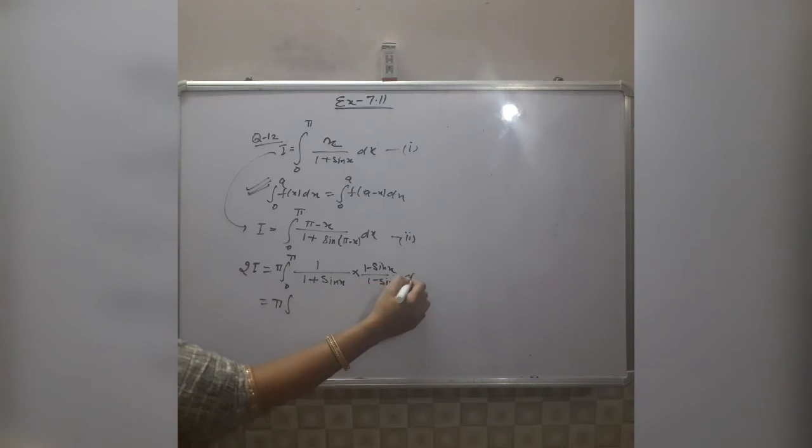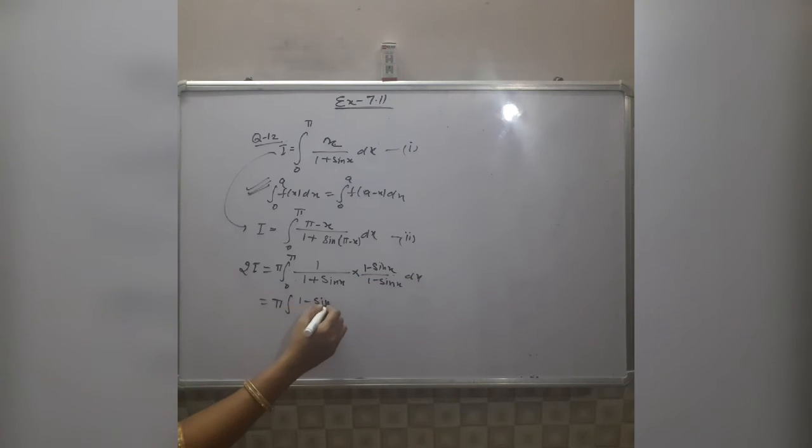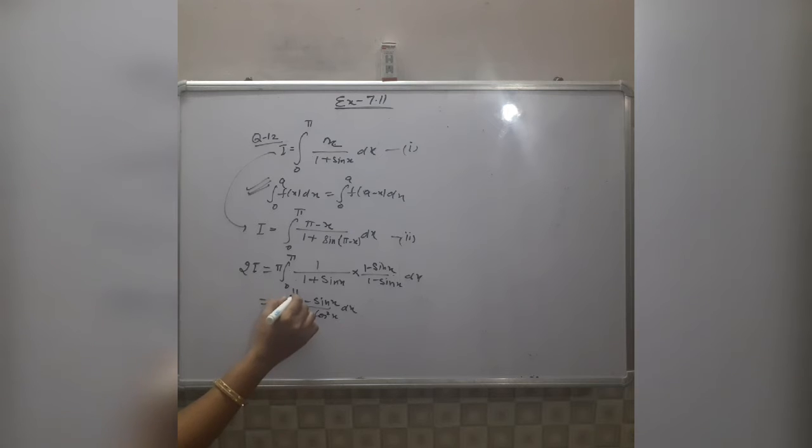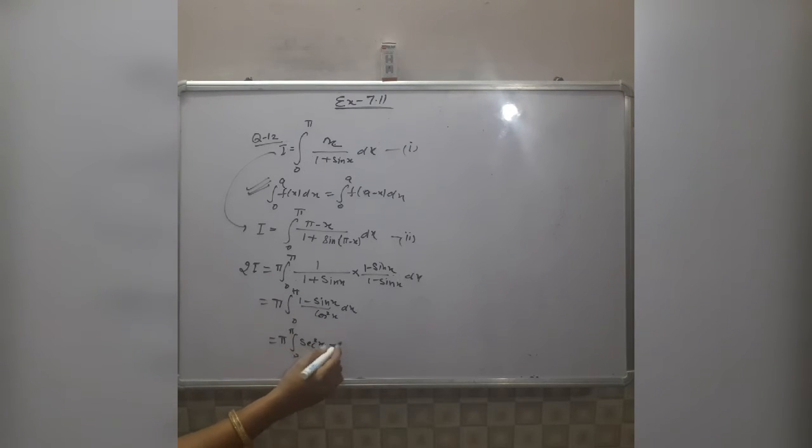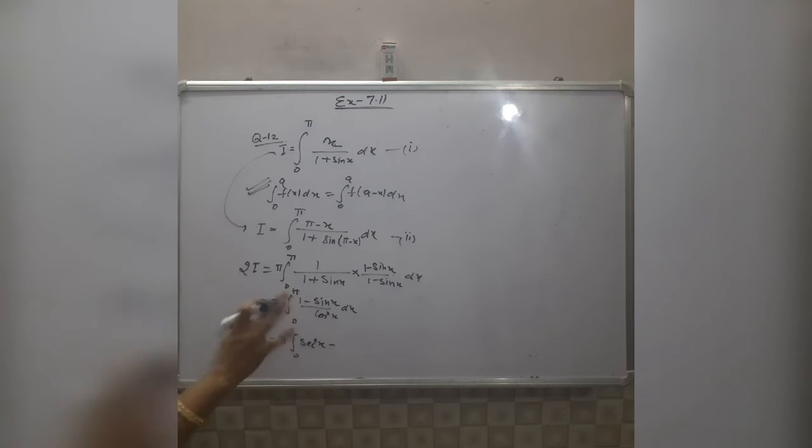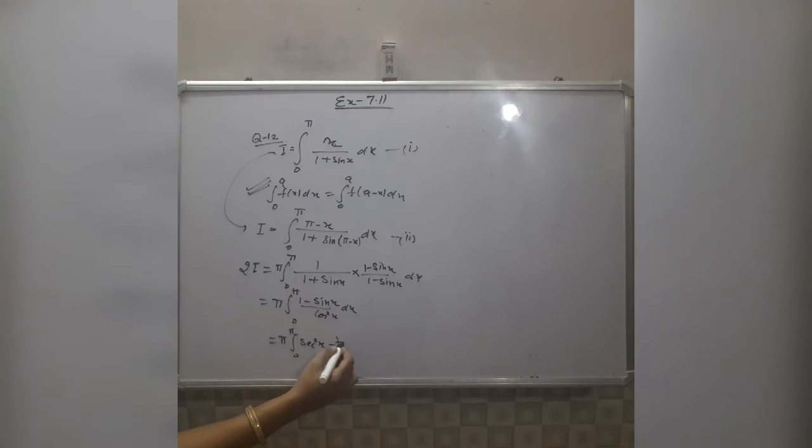After multiplying and dividing by 1 minus sin x, the function becomes (1 minus sin x) divided by (1 minus sin square x), and 1 minus sin square x can be written as cos square x. Now after that, this pi remains as it is, limits remain as it is, 1 by cos square x becomes secant square. Already all of you have done this type of integration. Now sin by cos becomes tangent, and 1 by cos when you shift it to the numerator becomes secant.